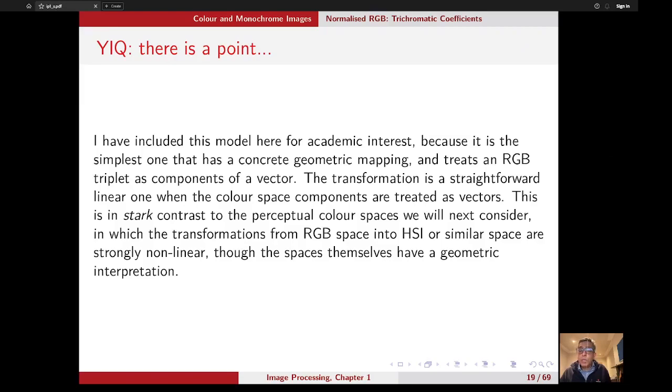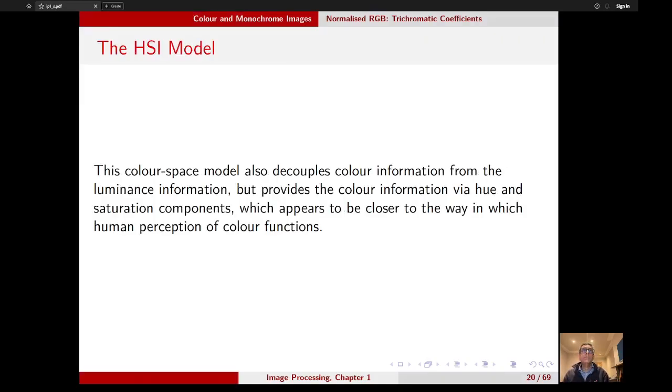If you need to recognize objects of a certain color, you're more likely to use HSI or HSL color space or something similar. These are the color spaces that we're now going to explore, the so-called perceptual color spaces, because they are more aligned with the way that human vision and human intuition work around color. In that sense, they are also more closely allied to the normalized RGB that we introduced earlier on.